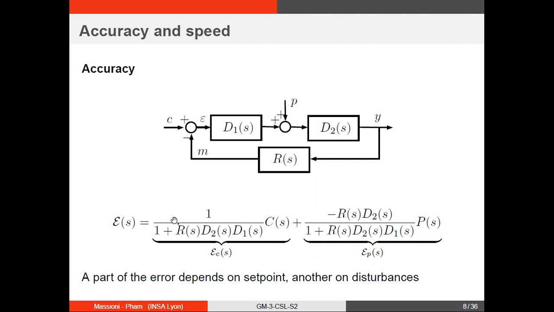Now you understand why all transfer functions in the loop have the same stability properties, because the stability depends on the poles and the poles depend on the denominator, and you might notice that the denominator is always the same for these functions. So you have basically a part of the error which depends on the set point, the tracking error if you wish, and then a part which depends on the disturbance, the error due to the disturbance and perturbation, whatever.